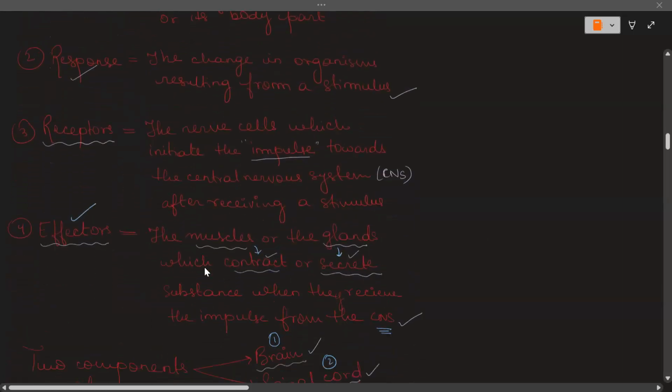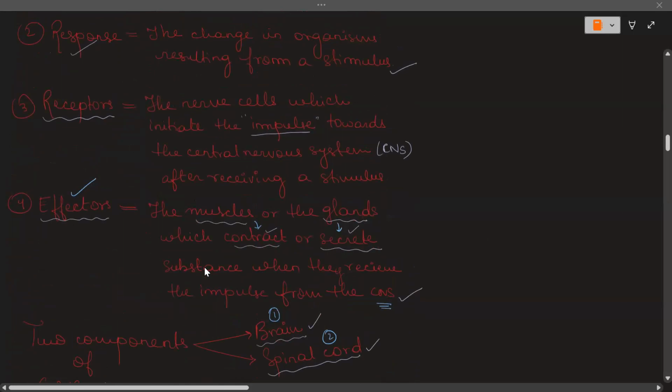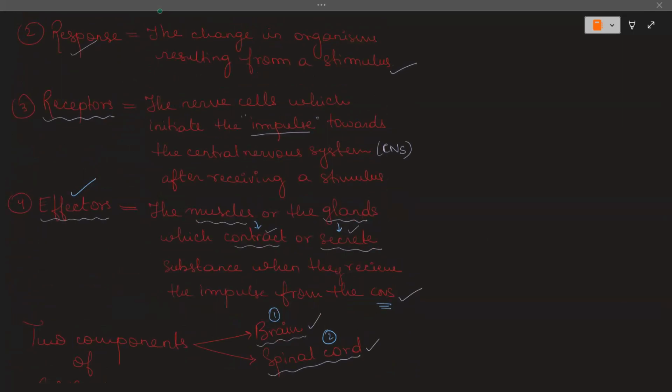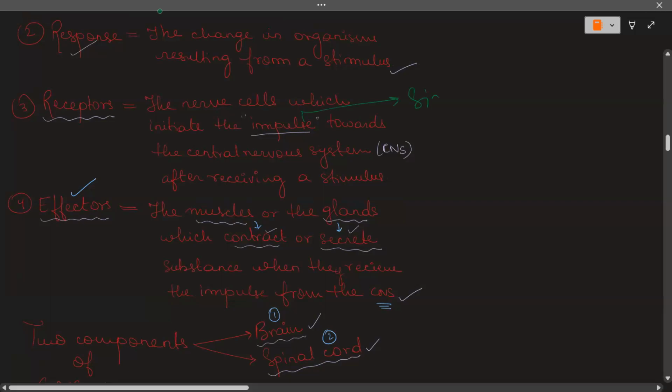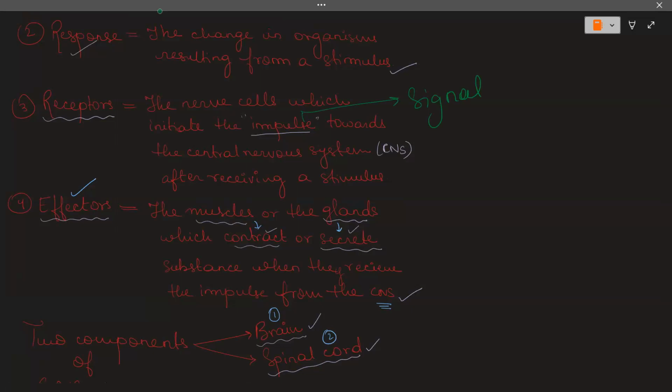Then comes the third point, that is receptors. Now, receptors are special nerve cells. As soon as the stimulus is provided, it initiates the impulse. Impulse means signal. So it starts up a signal, and this signal is sent to the central nervous system.